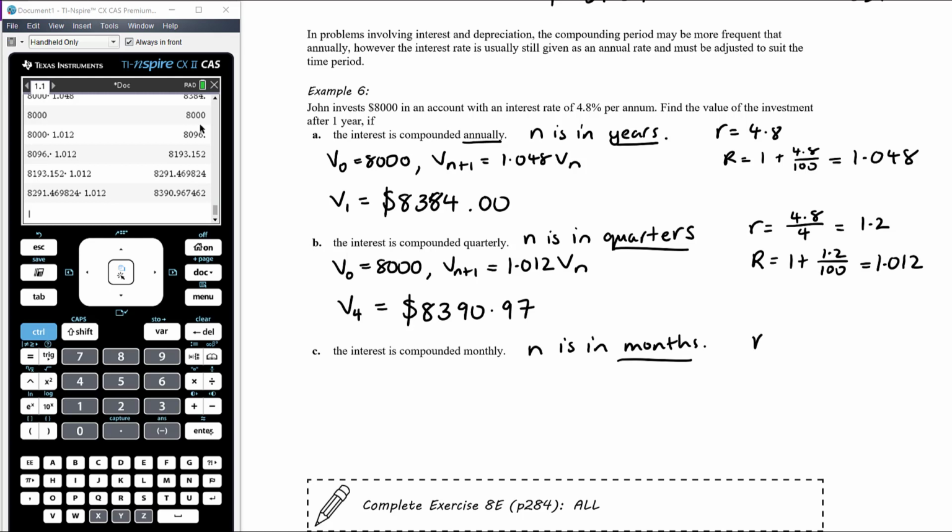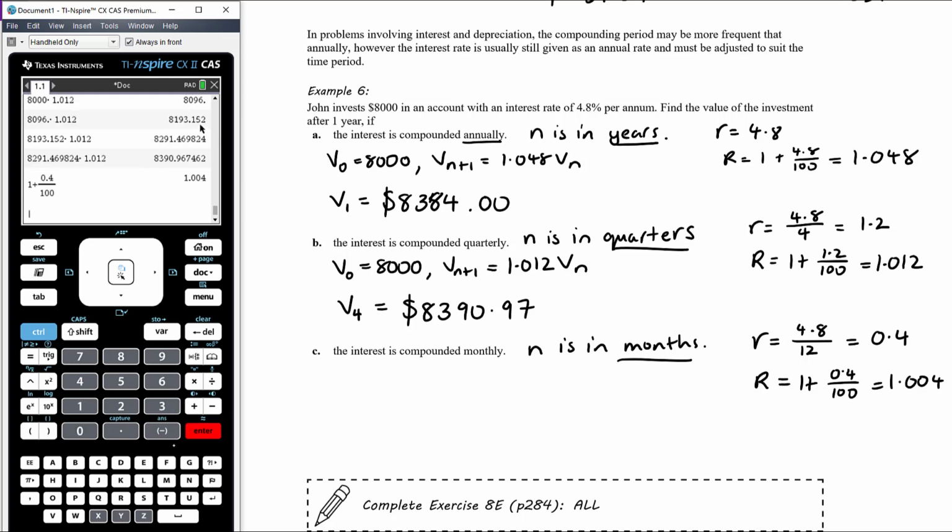So in this case, our interest rate needs to be worked out as a monthly interest rate. We need to divide the annual interest rate by 12, which gives us 0.4% every month. So our r value is 1 plus 0.4 over 100, which is 1.004.